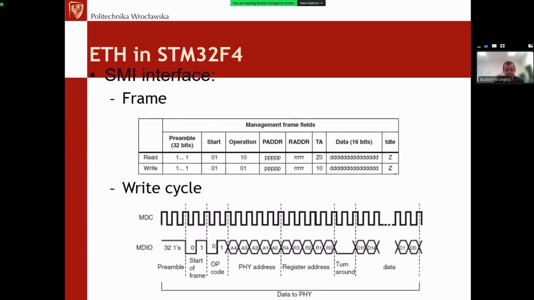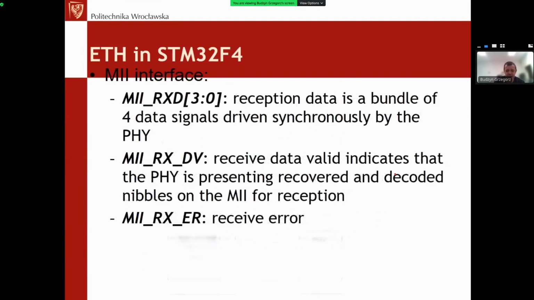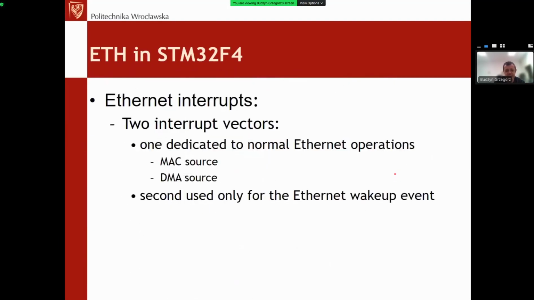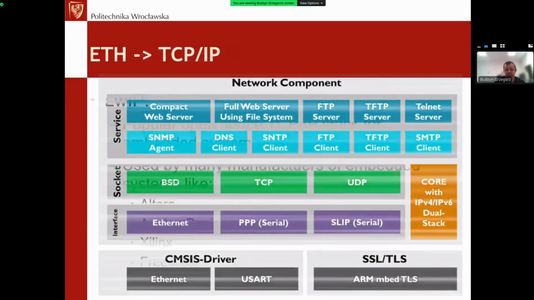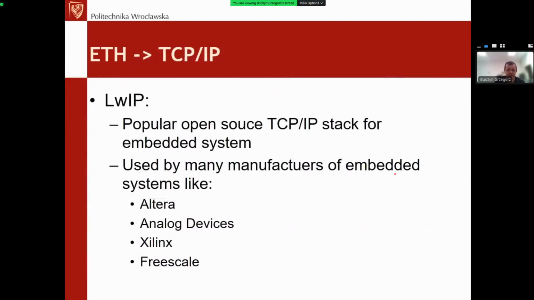Okay. Anyway, that was maybe not very optimistic, but the world is brutal sometimes, and in case of Ethernet, that's unfortunately the case. Oh, here it has lwIP, the lightweight IP, an open source TCP/IP stack for embedded systems used by many manufacturers because it's a simplified yet working version, so you can use it.